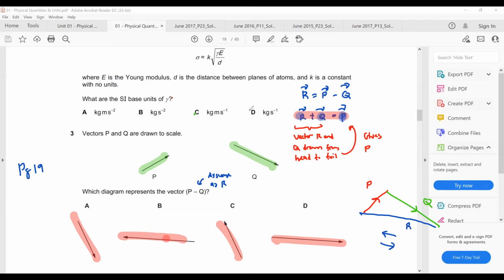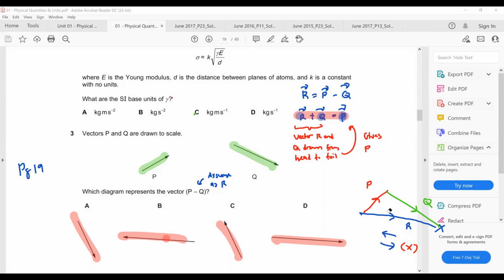Okay, but which one is the correct direction? If I say it is like this, you see the arrowhead of Q meets the arrowhead of R. The head is meeting the head. So this one is definitely not head to tail already. This one is out.